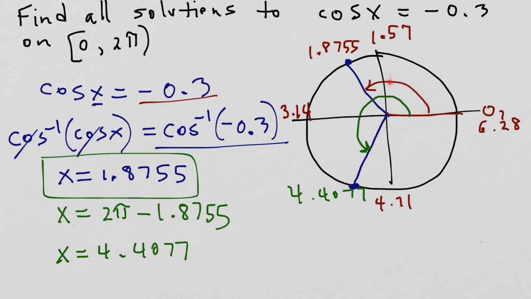All the way from here to here is 4.4077 radians. So it's not quite at 4.71. So it's in the third quadrant. So we've got one angle here, 1.8755 radians, and one angle here, 4.4077 radians. So there's two angles that have a cosine equal to negative 0.3, which is this x value right here.